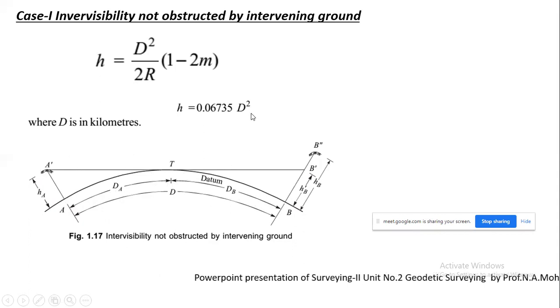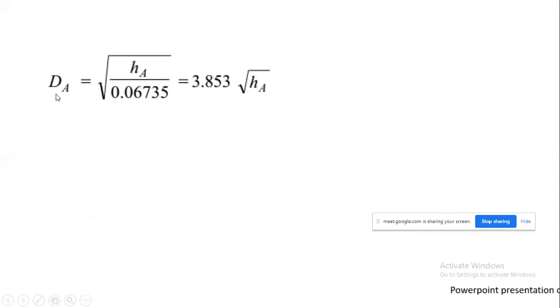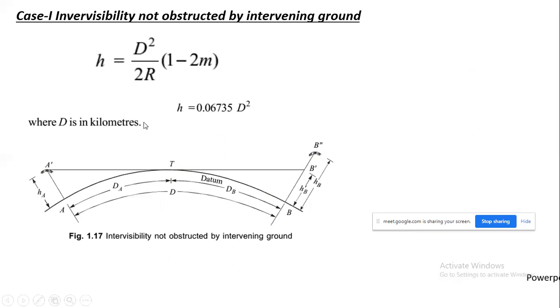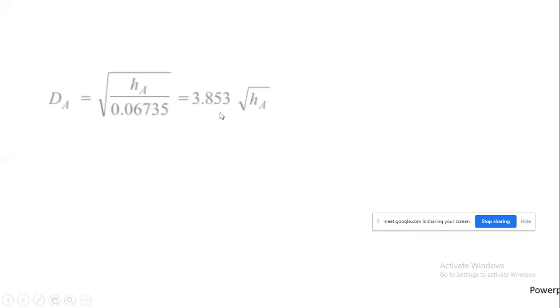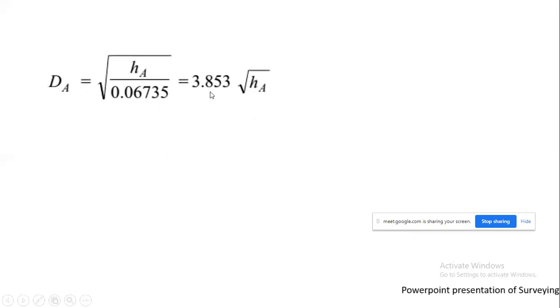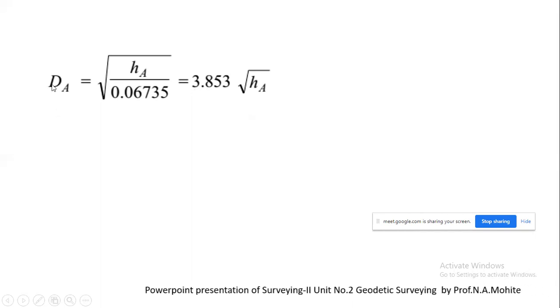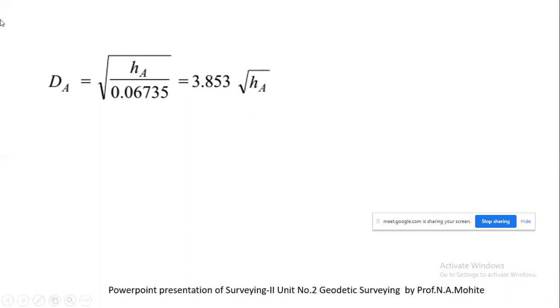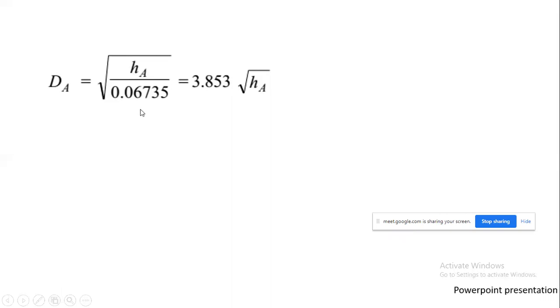Directly from this formula, transfer it to the bottom and take the square root. So D will be equal to the square root of h upon 0.06735, which gives 3.853 √HA. So to find the distance between the instrument and the object or station point, if you know the height of that object, you can find it out.